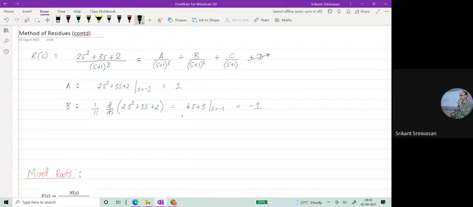So what should I do for C now? What is the value of C? Following the same procedure, 1 by 2 factorial.